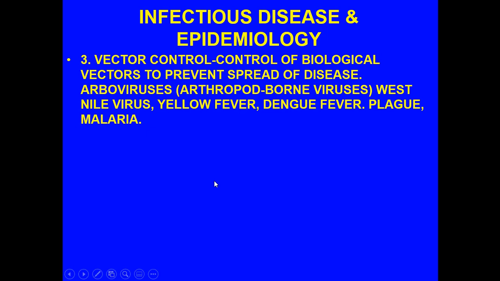Now, a third means to help control some of these diseases is vector control. So you would control the biological vectors, which basically helps prevent the spread of disease. When we talk about arboviruses, it's sort of a shortened name for arthropod-borne viruses.